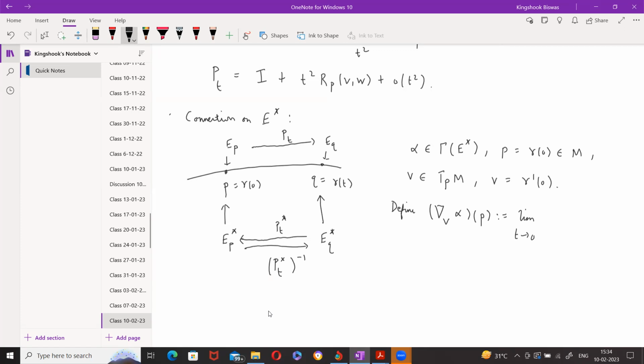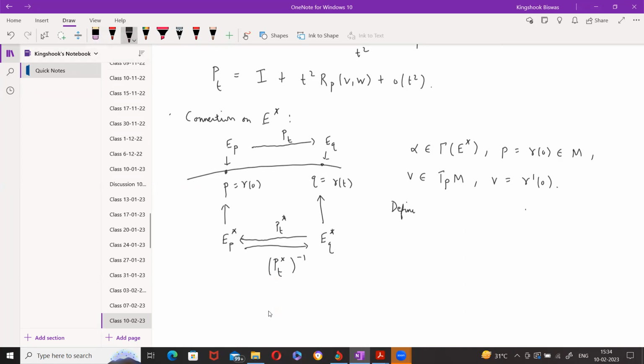So what do I do? I take my dual section alpha at Q. Let me write this with some more space.